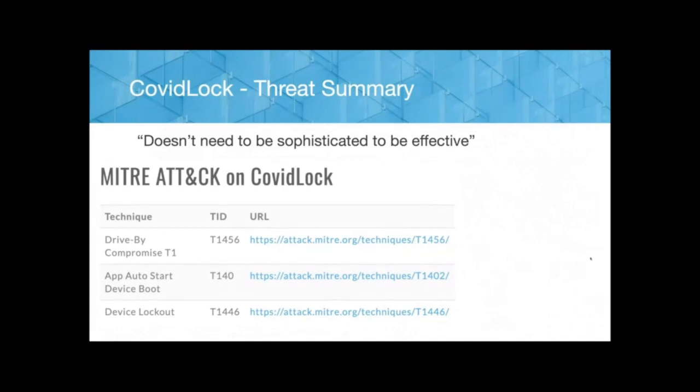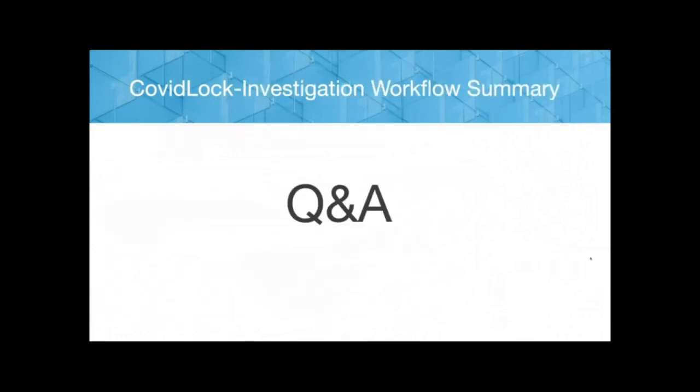So CovidLock had the potential to really prey on victims that are extremely vulnerable during this coronavirus pandemic. And thankfully, with all of our efforts, we were able to mitigate any damages that could have been done potentially. And let's move to the next slide. With that, we are open for Q&A.